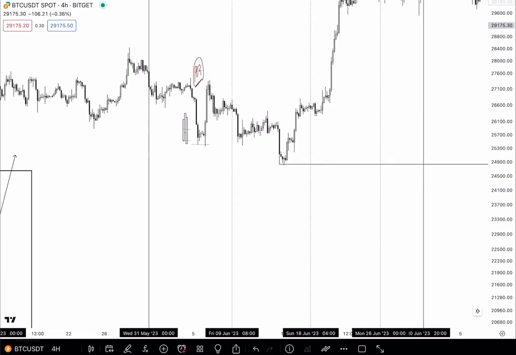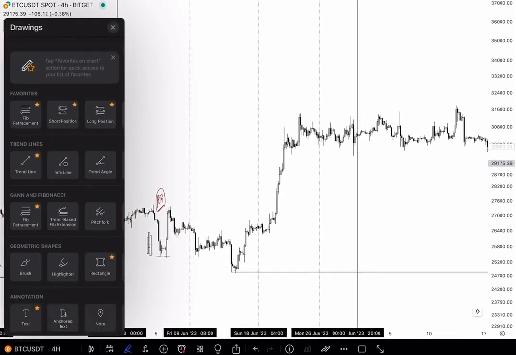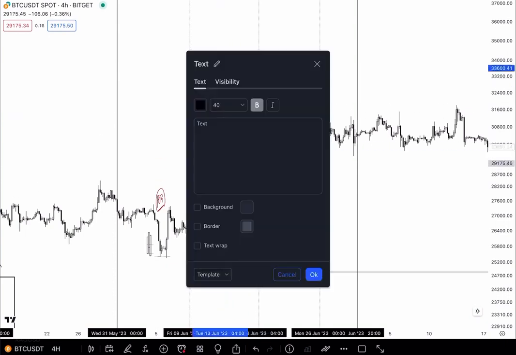So that's a monthly PO3. Week 1, week 2, and week 3. Week 4 is probably going to be a chop fest, which we avoid. So we stick to week 1, 2, and 3.